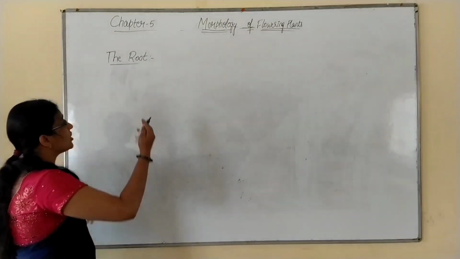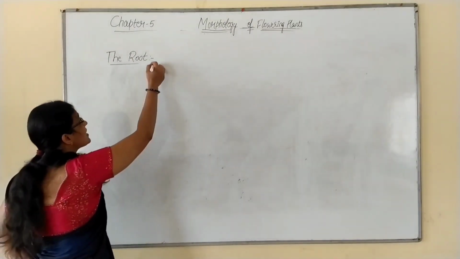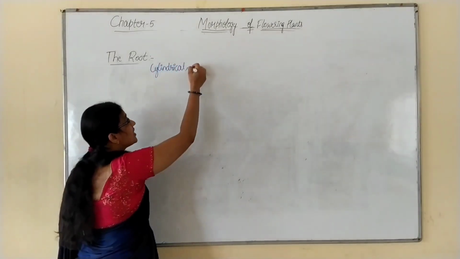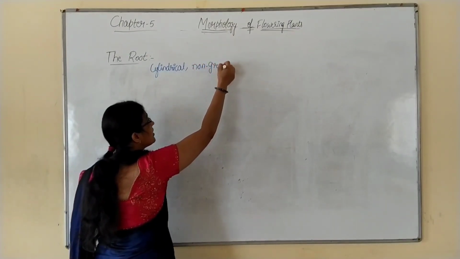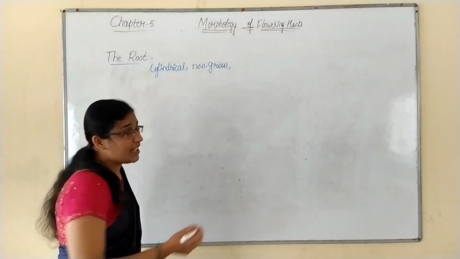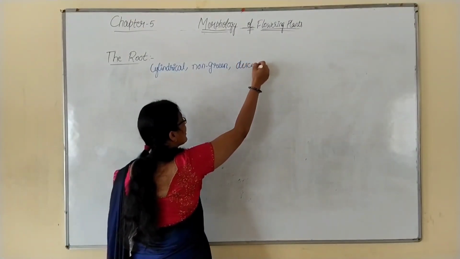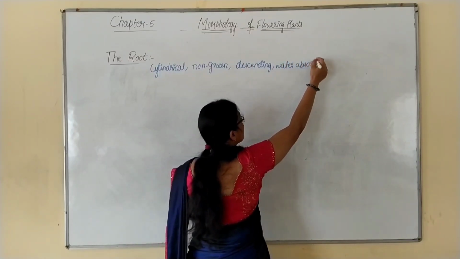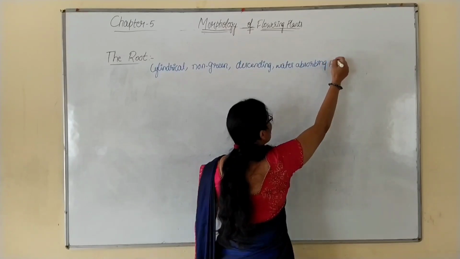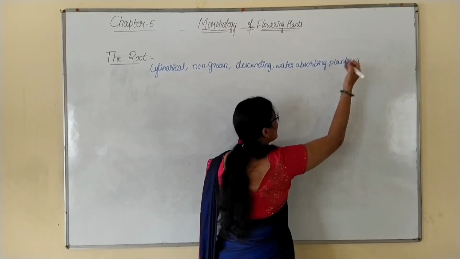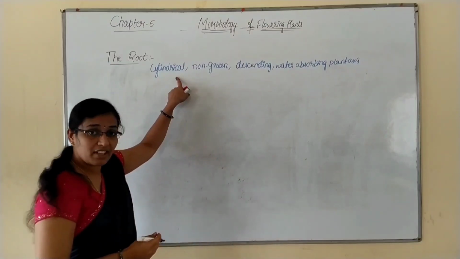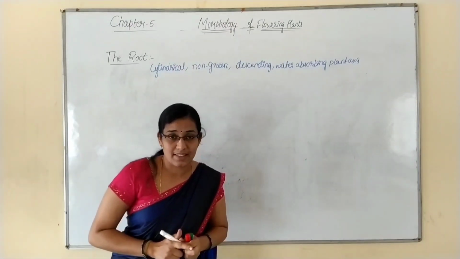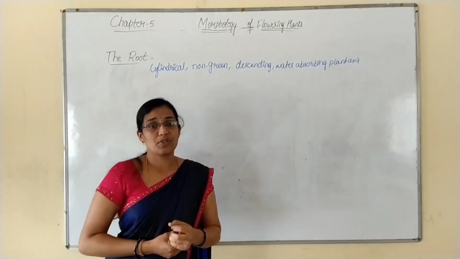The root is defined as a cylindrical, non-green, descending, water absorbing plant axis which is involved in the absorption of water.